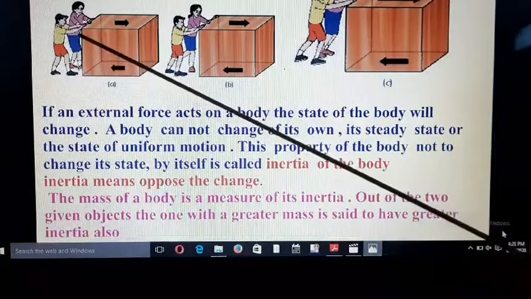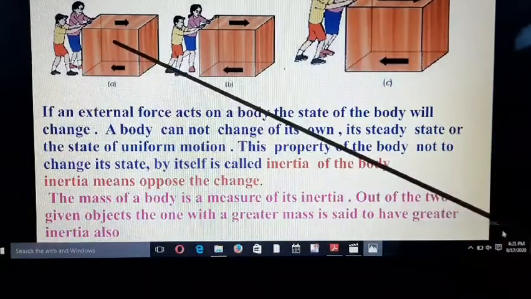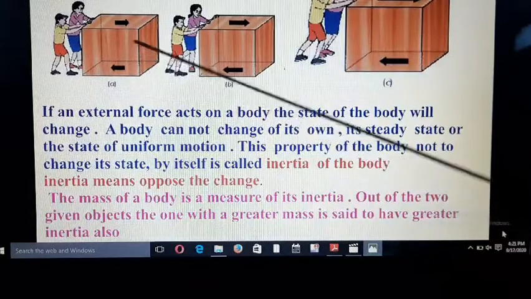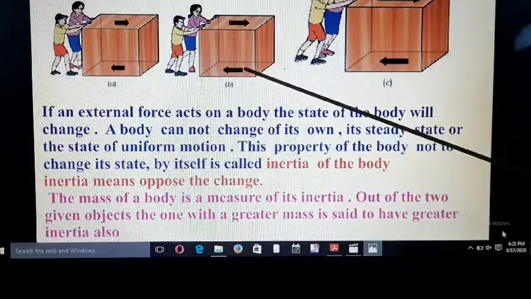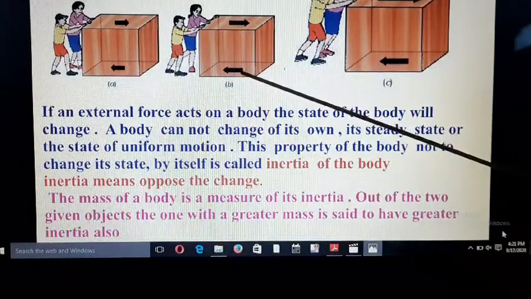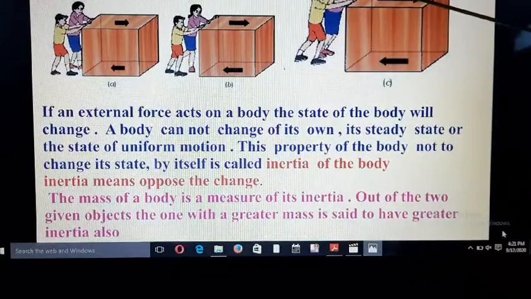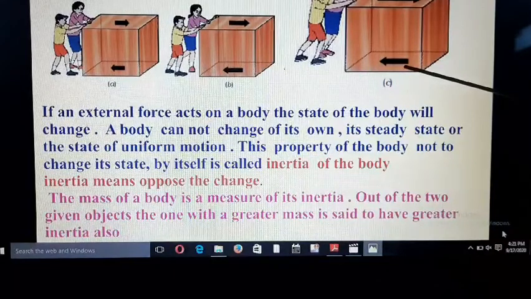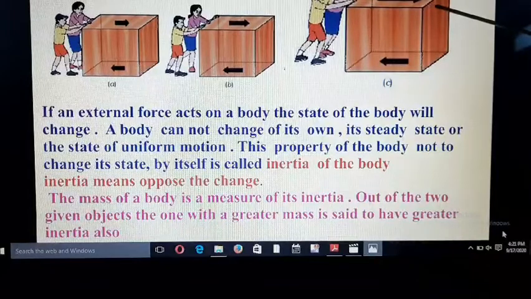So the children apply some force, but this box does not move. Suppose they increase their force. So friction also increases. But they apply more and more force. So when they apply more than the friction force, the object moves in the direction of the applied force.